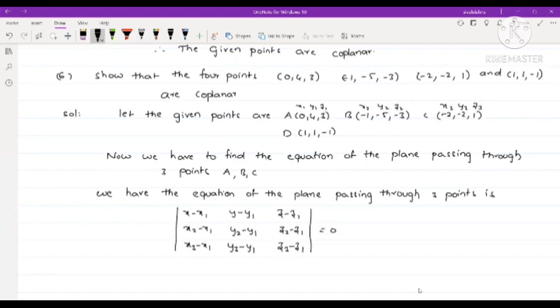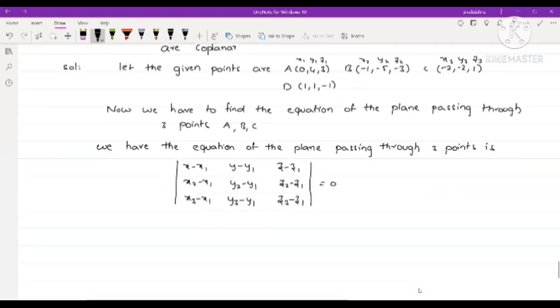Okay, right. So now we have to substitute the points so that we get x minus x1. x1 is 0, so that we get x. Y minus y1, so means y minus 4. Z minus z1, since z1 is 3, so that we get z minus 3. So after that, x2 minus x1, it means minus 1 minus 0 gives minus 1.